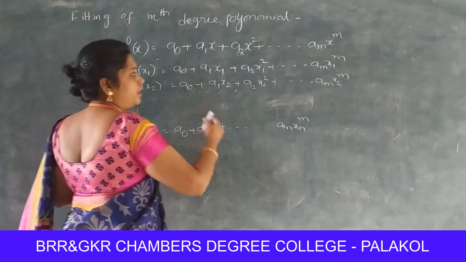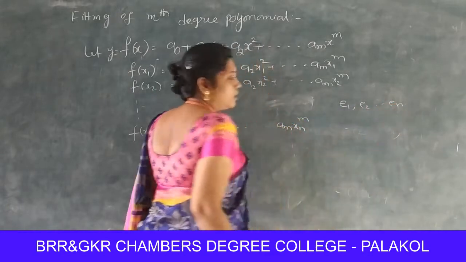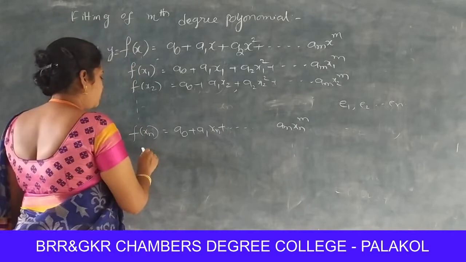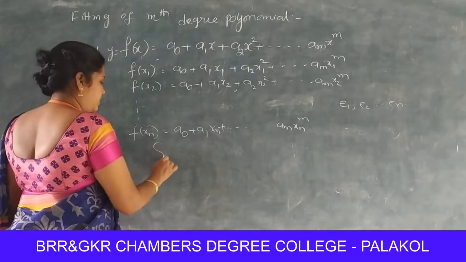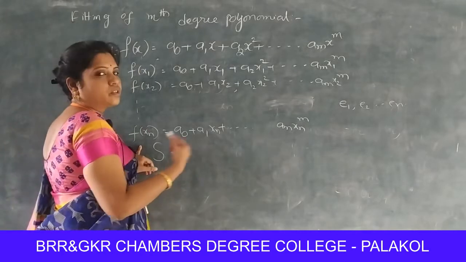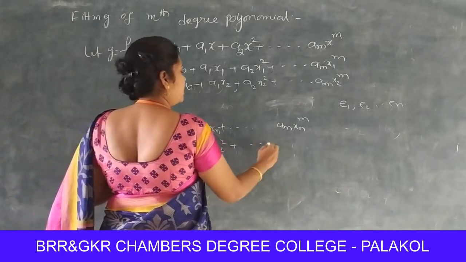The least squares procedure minimizes the sum of the squares of the errors. Here the errors are E1, E2 and so on En according to the ordinates x1, x2 and so on xn. So S can be written as the sum of the squares of the errors, E1 square plus E2 square and so on En square.